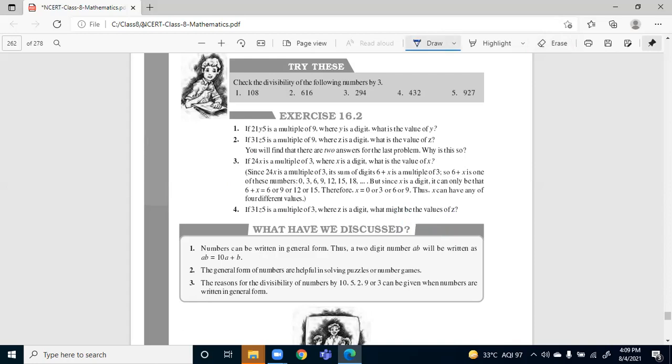3 1 Z 5 is a multiple of 3, where Z is a digit. What might be the values of Z?